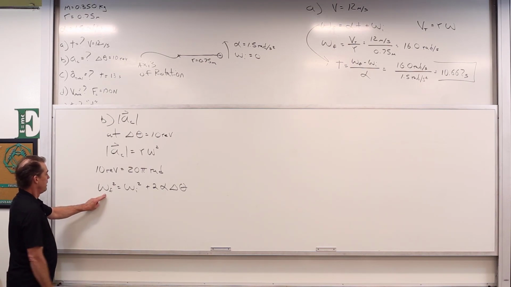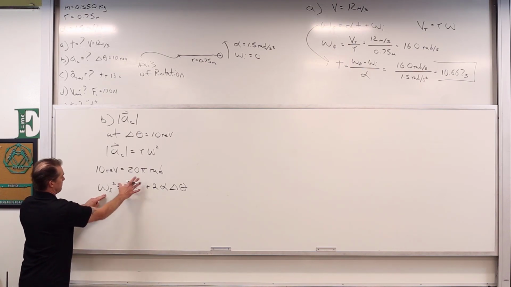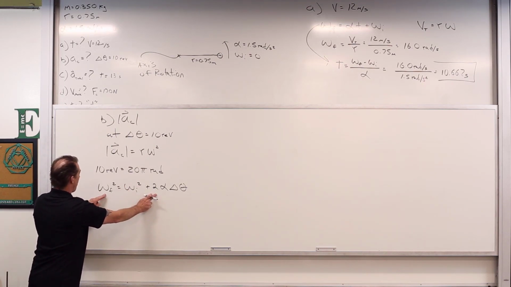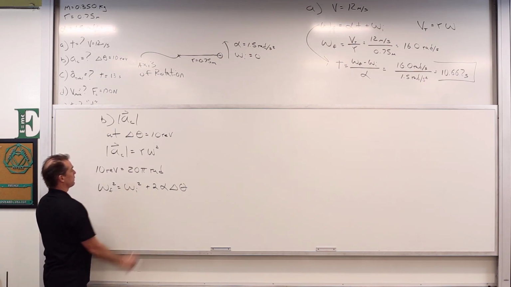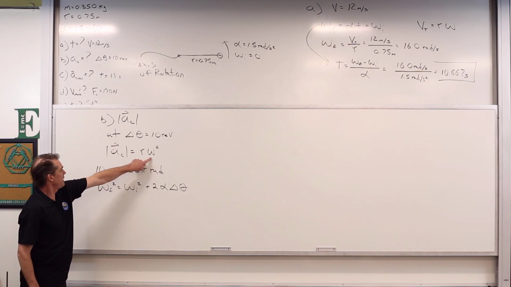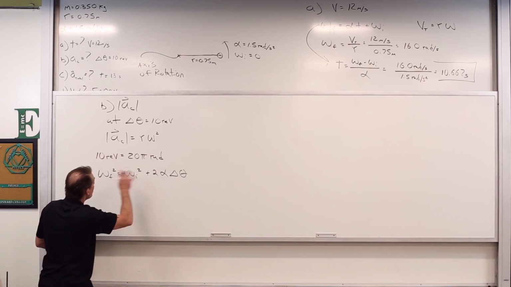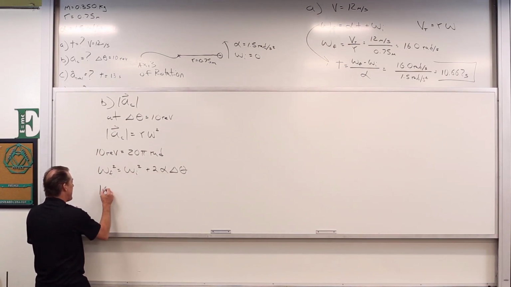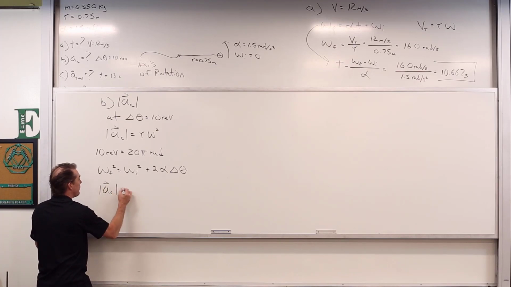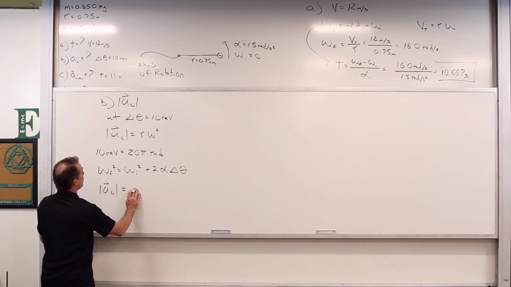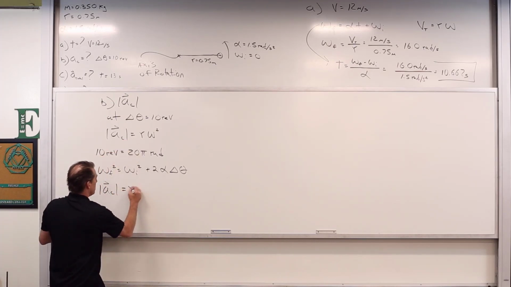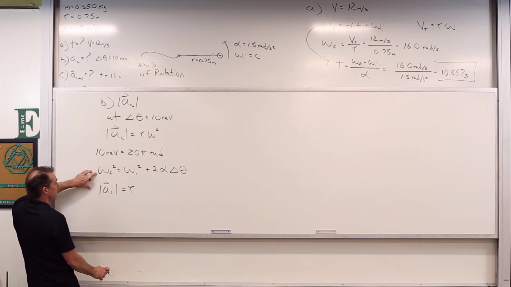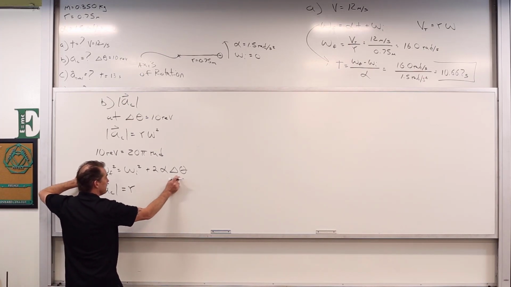Omega initial squared is 0, so really omega final squared is just 2 alpha delta theta. So in terms of revolutions, the magnitude of a sub c is equal to r times omega squared, which is 2 alpha delta theta.